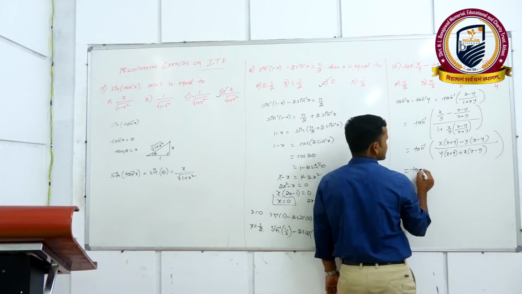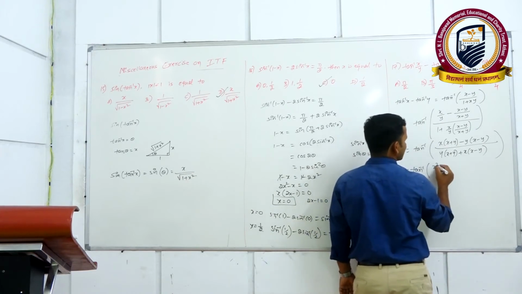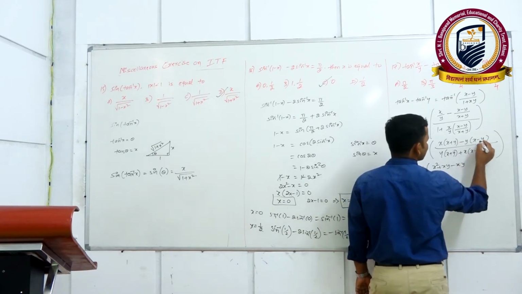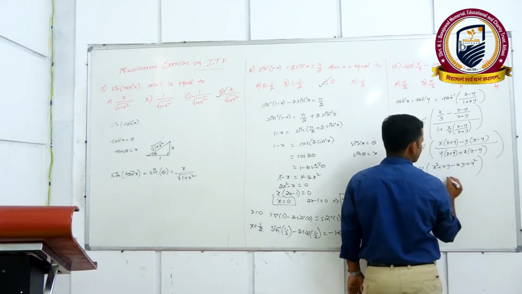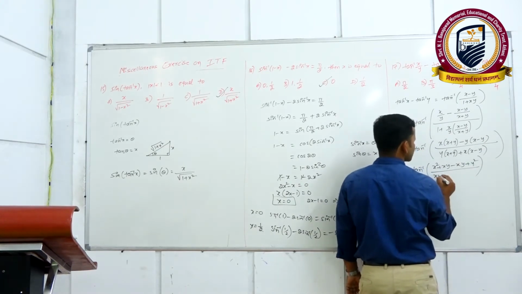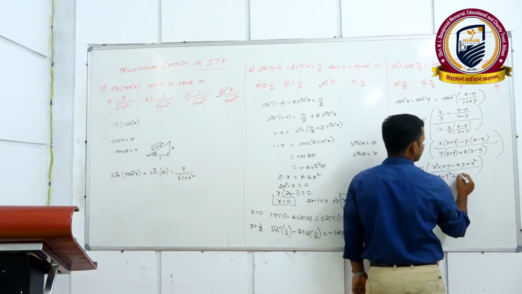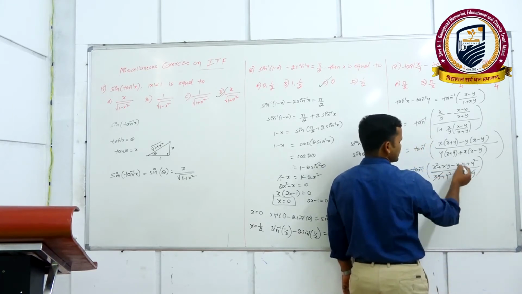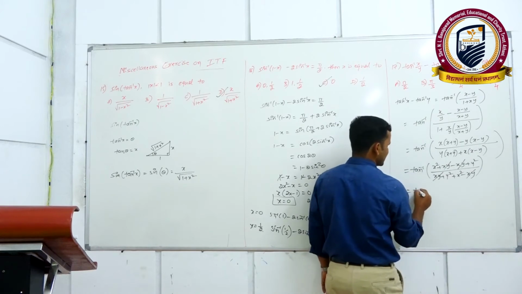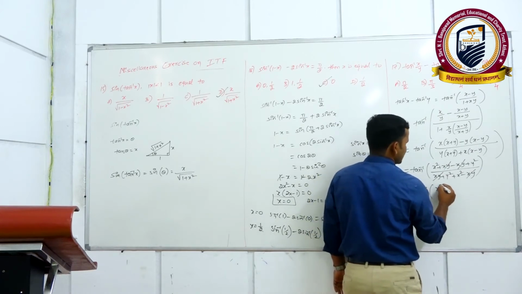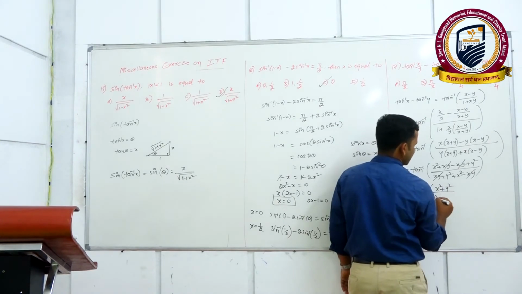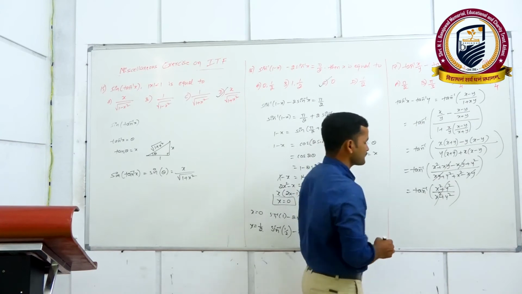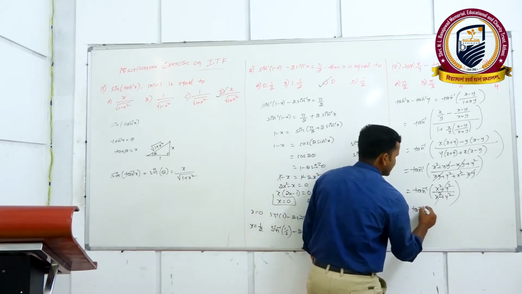You simplify this: tan inverse of [x square plus xy minus xy plus y square] divided by [xy plus y square plus x square minus xy]. Here minus xy plus xy cancel. Tan inverse of (x square plus y square) divided by (x square plus y square) we have. Both cancel again. We have tan inverse of 1.